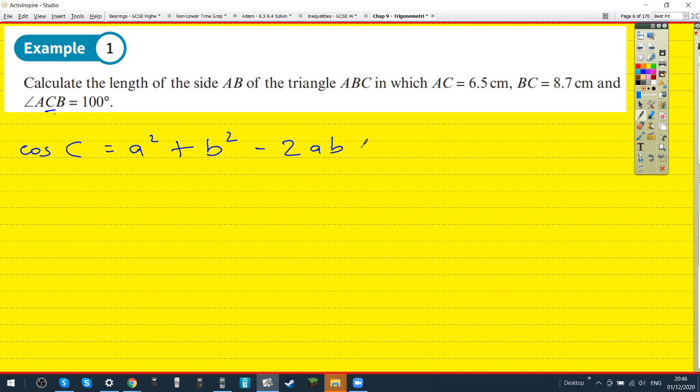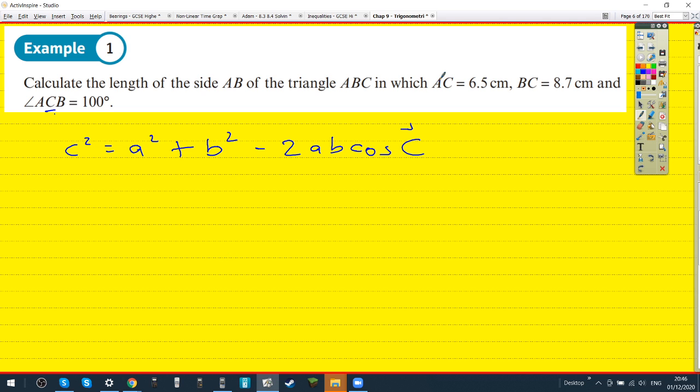A, B, and then it's... No, wait, C squared. It's like Pythagoras. C squared is equal to A squared plus B squared, and then minus... the angle has to match up with the side that it's equal to. So these two have to be opposite each other. We don't have a diagram, but yeah.